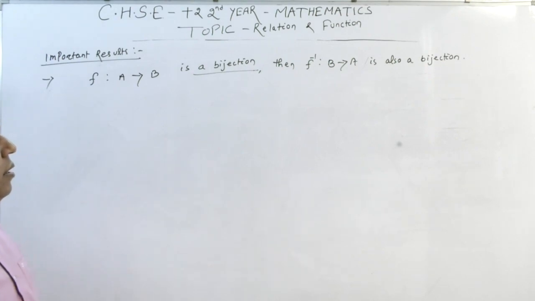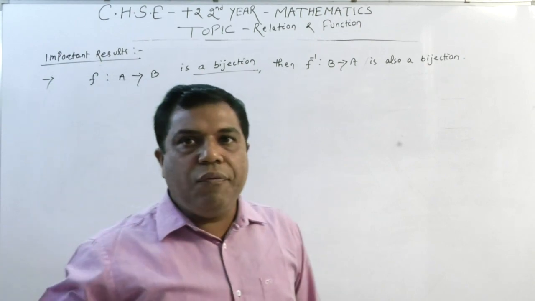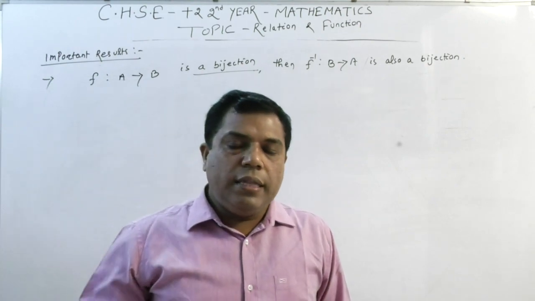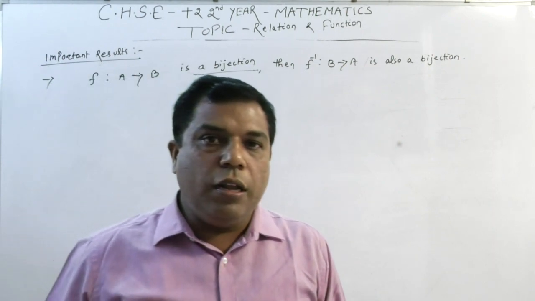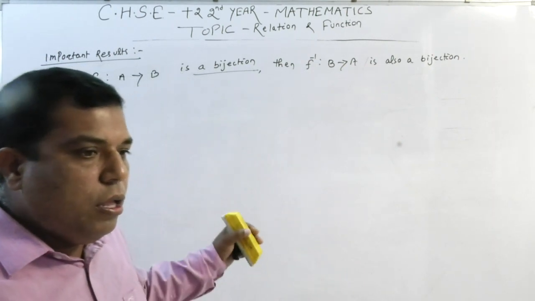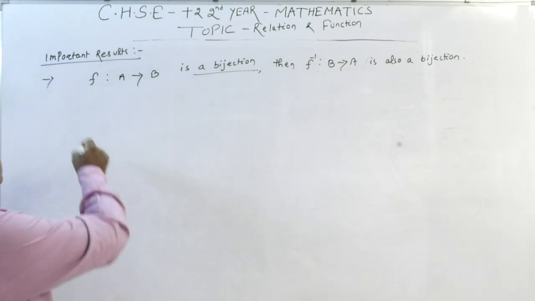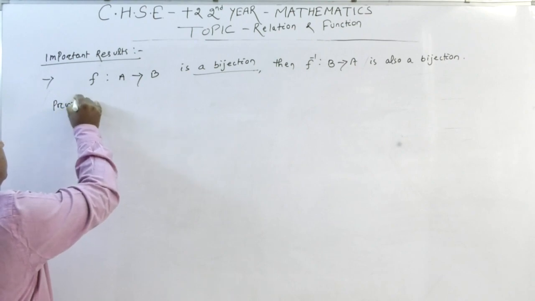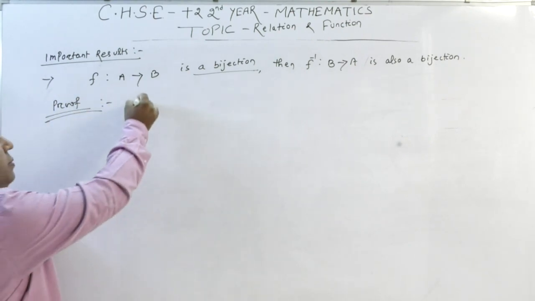Let us prove this result, that if f is bijective, then its inverse function is also bijective in nature. Let us go for the proof. So we are going to prove it. What is given?